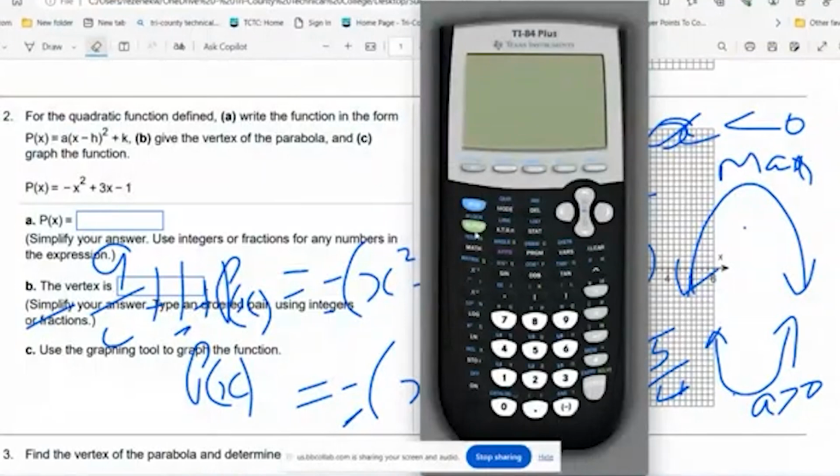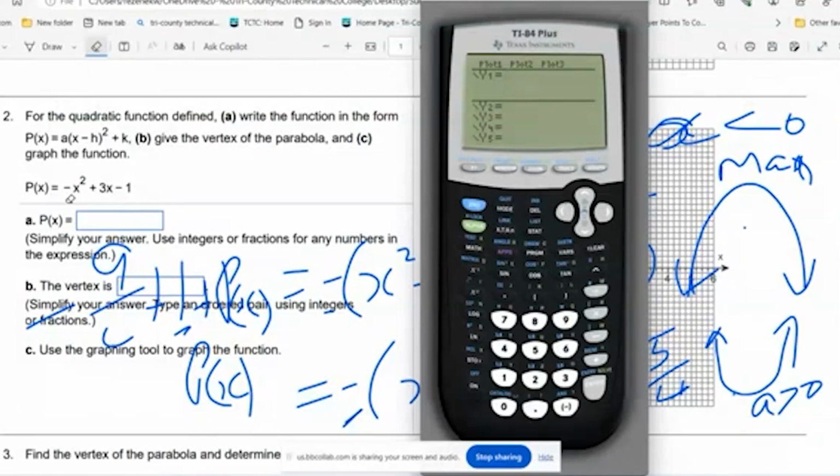Plug the equation in my y1 and look for the maximum. Whenever you look at this equation, it has a negative leading coefficient, so you already know it's going to be a maximum. The parabola will be concave down.